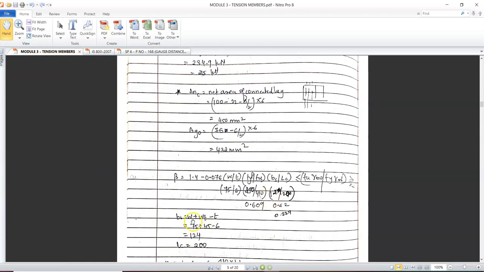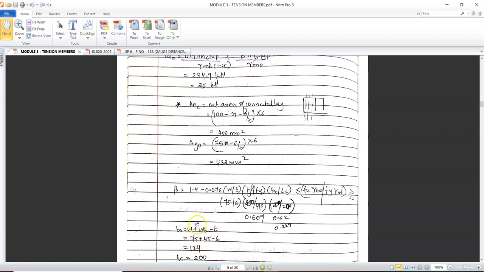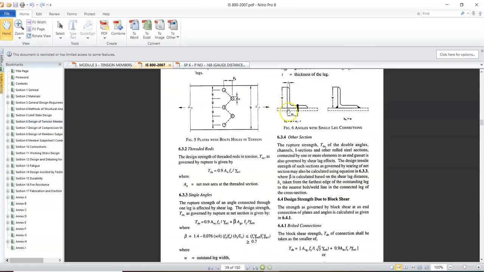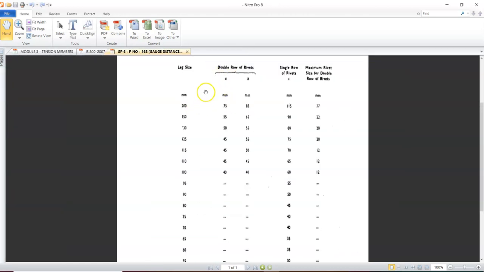The calculation of Bs is shown here, 75 in our case, plus the Wt. Now Wt, when you refer to the figure, is the distance between heel of the angle to the center of the bolt. Now this distance is taken from SP6, page number 168.